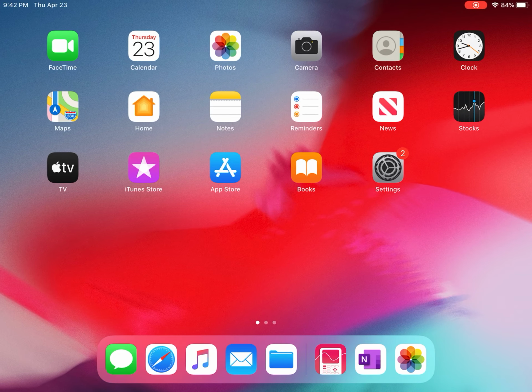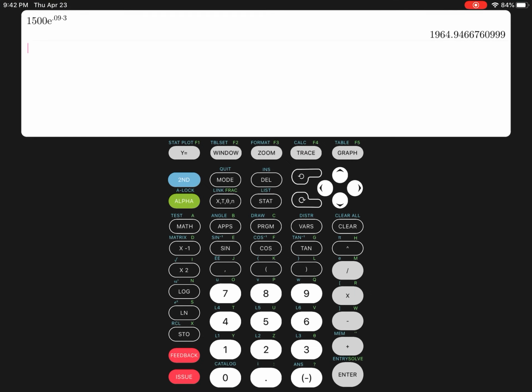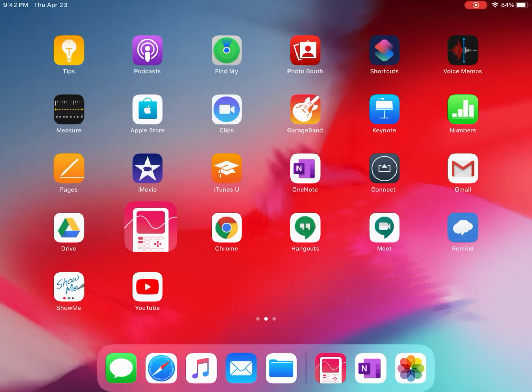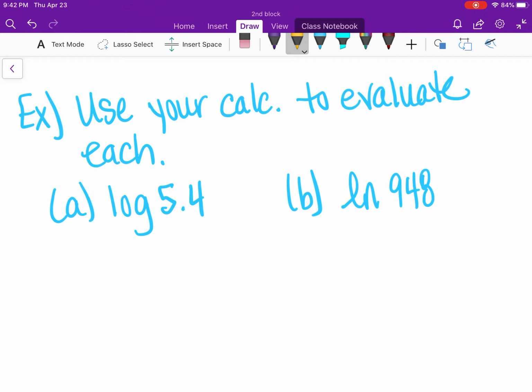Okay, so pull out your calculator and I'll show you where the buttons are. So your log button is right next to number 7. So you're going to hit log 5.4 for that first problem. And let's round to 3 places. We'll say that's 0.732.